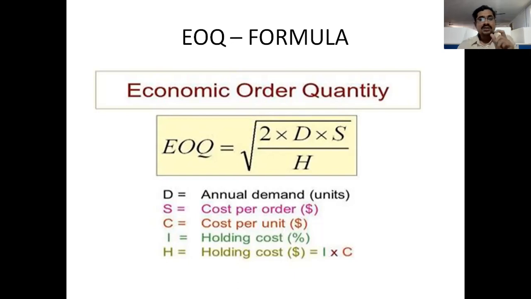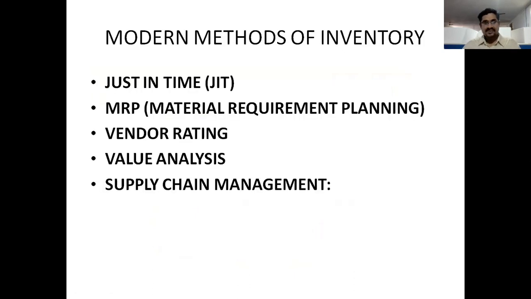So whatever the cost used to put the orders to the suppliers, that cost is called S, the ordering cost. And then H means holding cost, and holding cost means storage expenses.